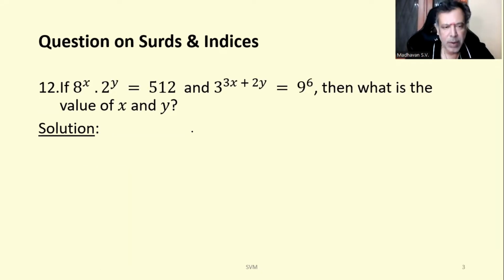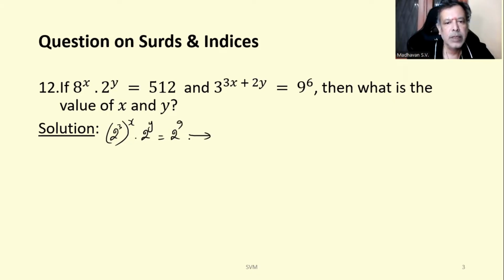If 8 to the power of x into 2 power y equal to 512 and 3 to the power of 3x plus 2y equal to 9 to the power of x, what is the value of x and y? First expression, that is 8 power x, can be written as 2 cube to the power of x multiplied by 2 power y. 512 can be written as 2 power 9.